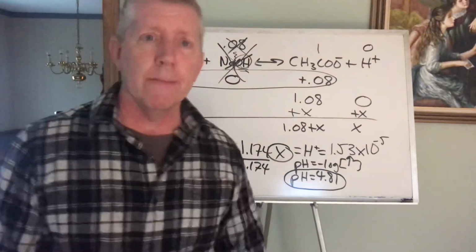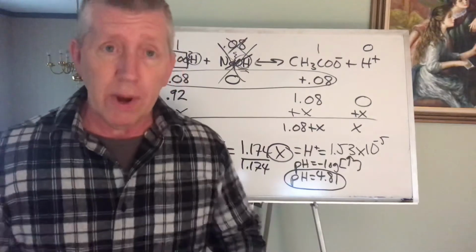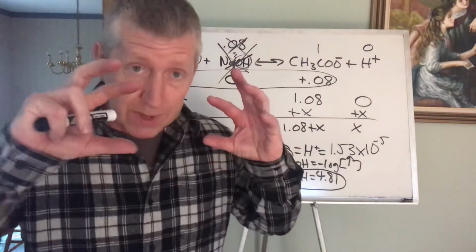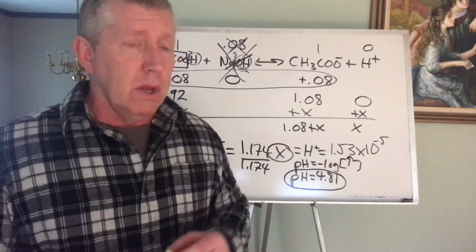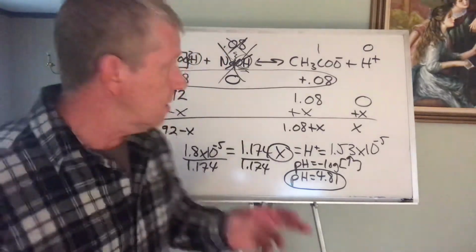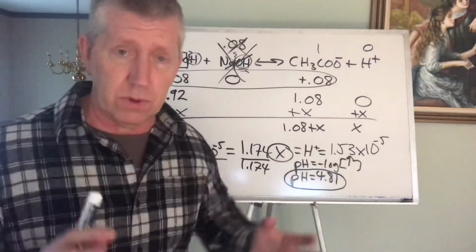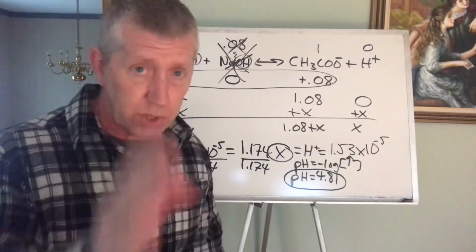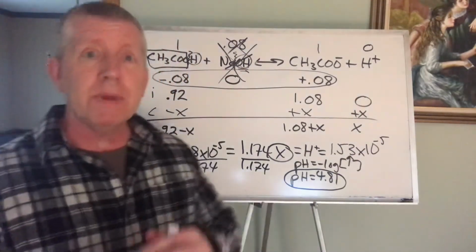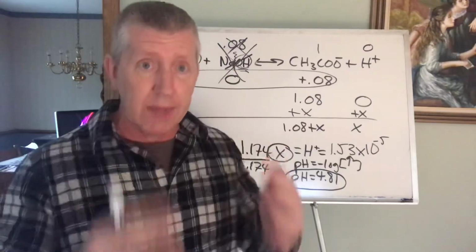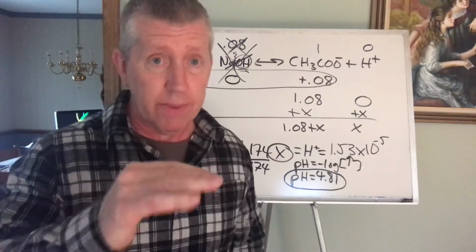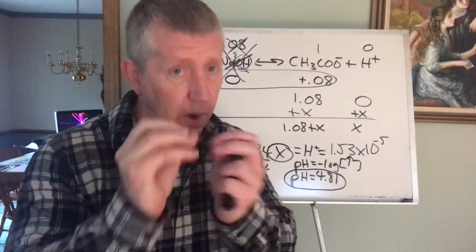But what does it mean? I've always been trying to tell you, I want you to understand something, try to make some connections. We just added a bunch of base to our buffer solution. What's the buffer solution supposed to do? Keep the pH relatively stable. That doesn't mean identical. It means in the ballpark. It can be close to what it was.